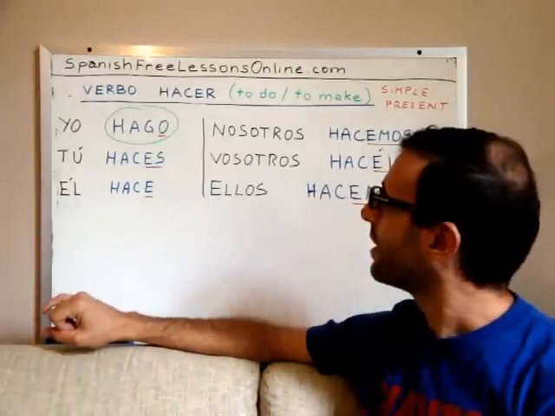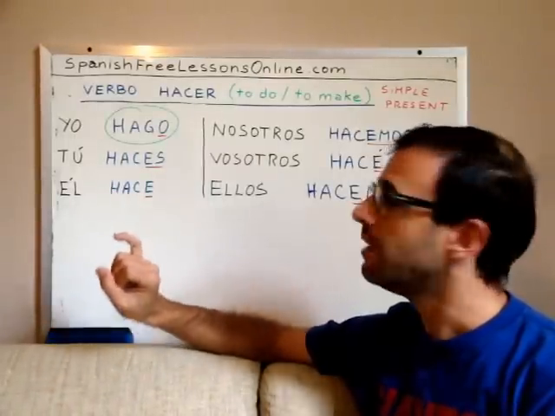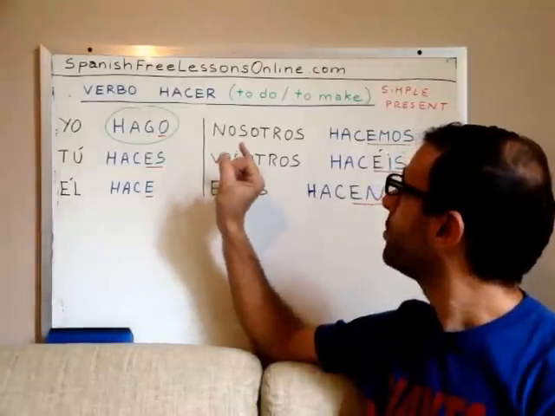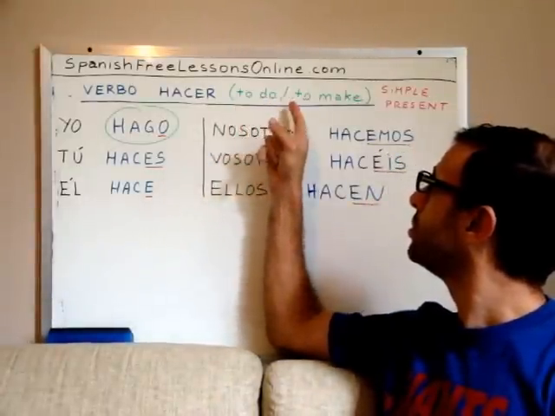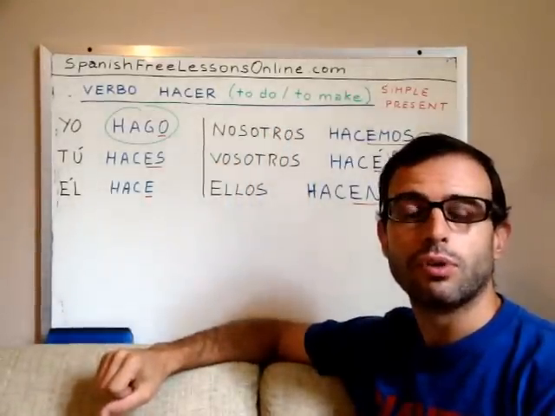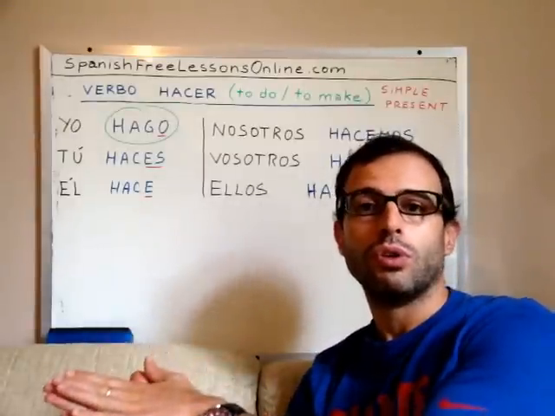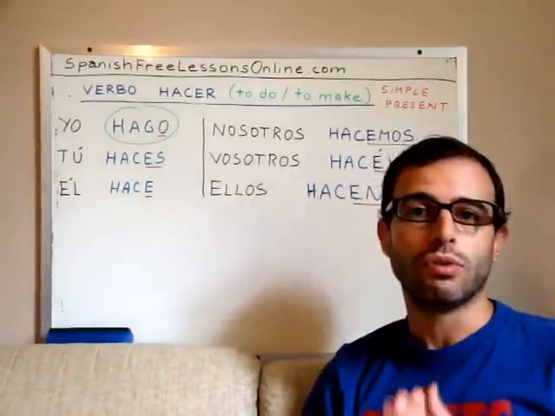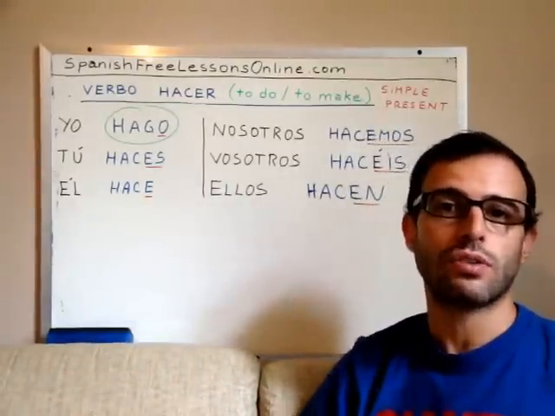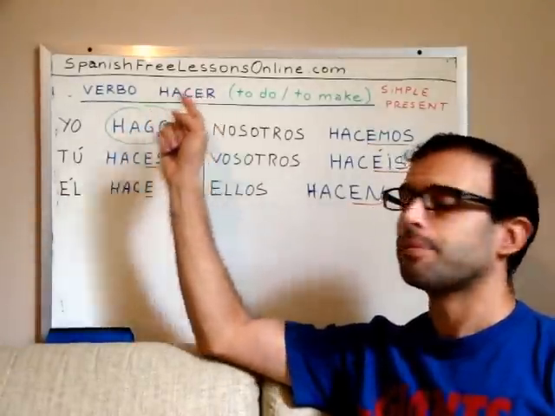The verb hacer works indistinctly for both English verbs to do and to make. So that makes it easy to learn because we don't have to think when do we use to make, when do we use the verb to do.